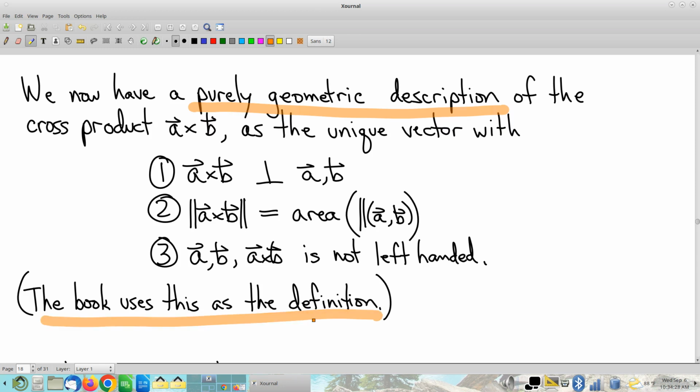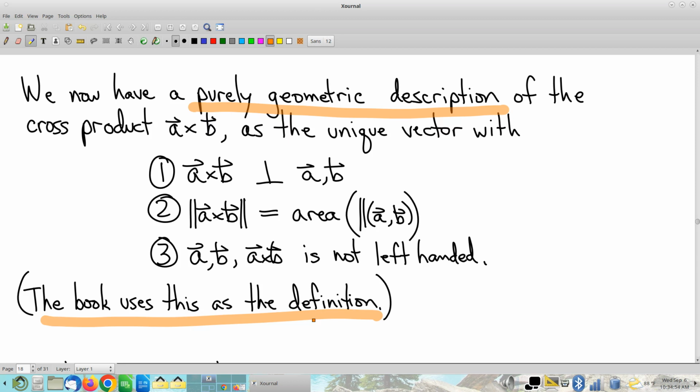Now, I didn't make this a definition, but the book does. The book starts with this geometric description of the cross product and then derives the formula that I started with. I start with the formula and then derive the geometric description. And there are many other ways to treat this material, and I've already given you all that little speech.